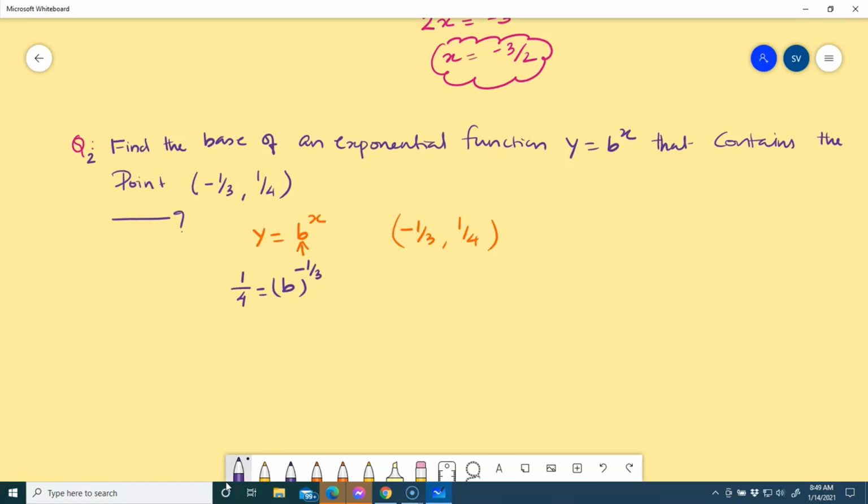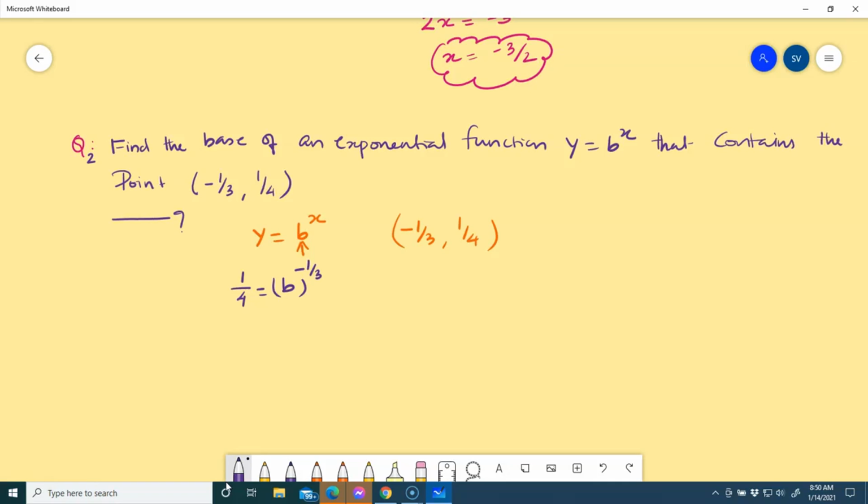Interesting. How can we solve it? Think about this. Which previous knowledge helps at this point? We can solve this using the changing power strategy. Okay, we can use the squaring technique, the cubing technique.